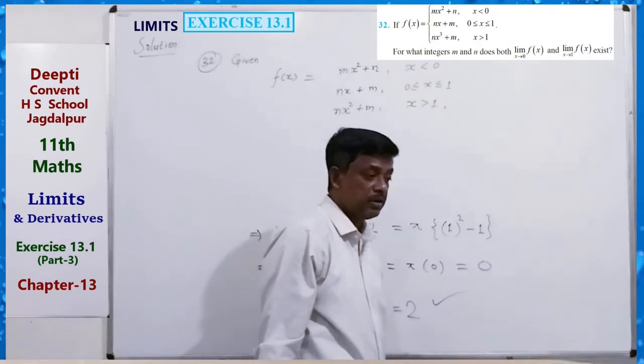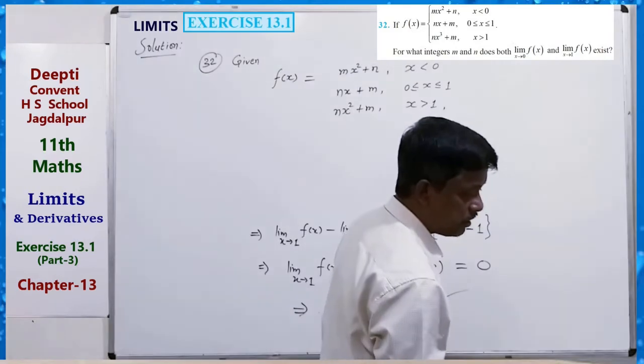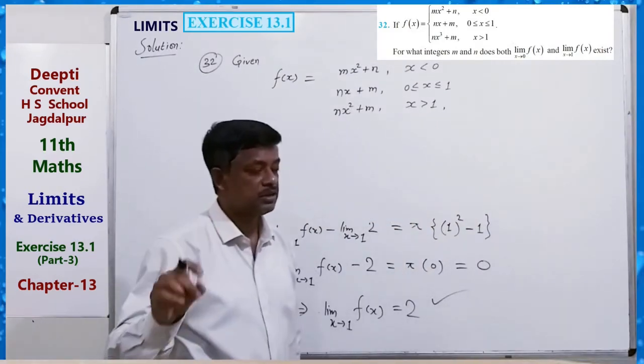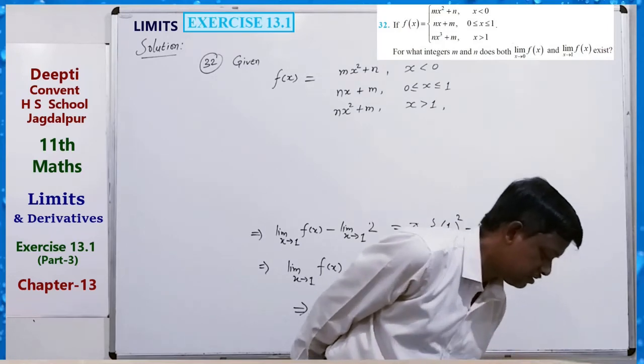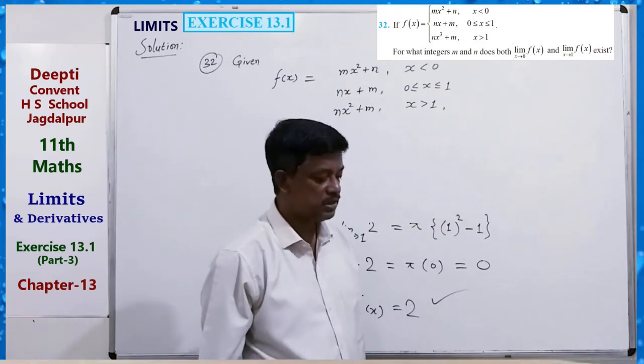And for what integers m and n do the limits x tending to 0 and x tending to 1 exist? For what integers m and n?